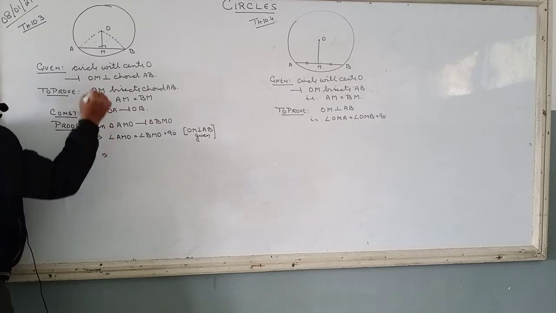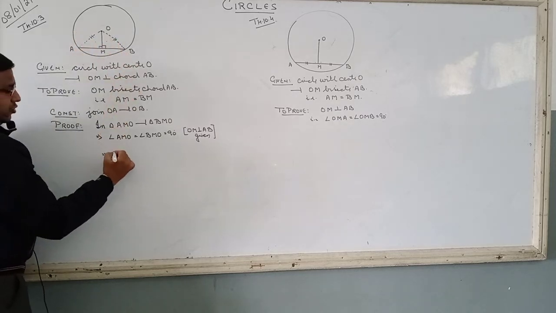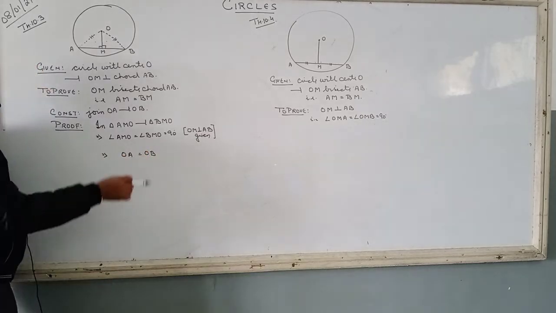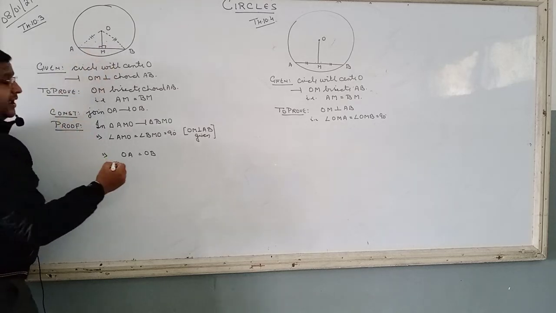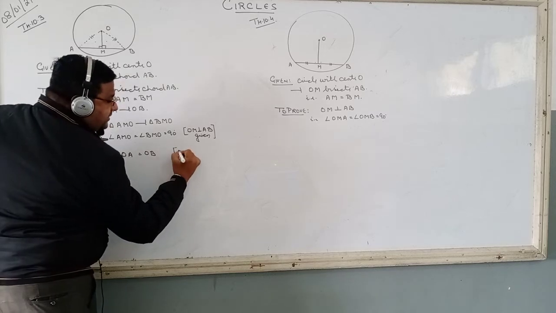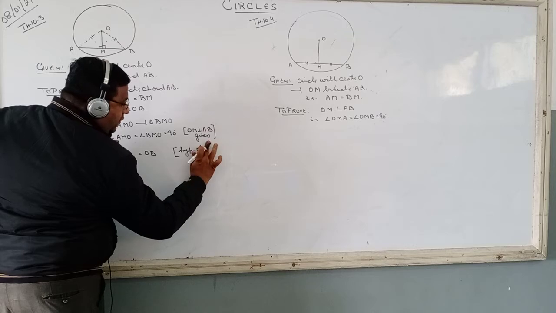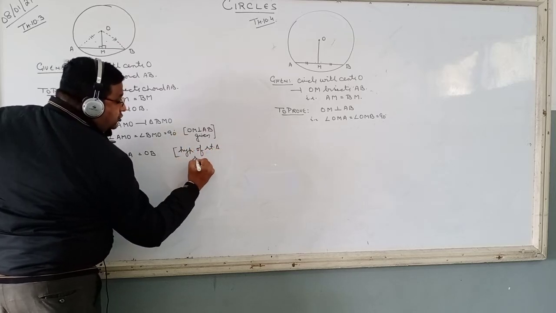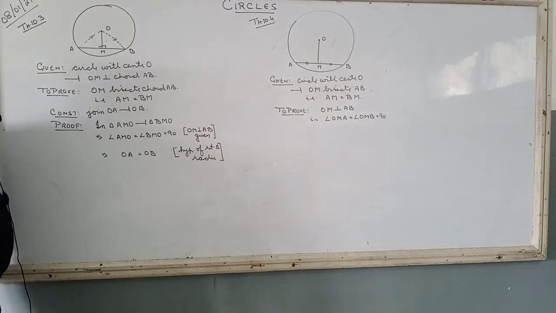Secondly, is the radius equal? OA, OB, is it radius? Yes, sir. Radius OA equals OB, and observe it carefully. It is the side opposite to 90 degrees, so it is the hypotenuse of the right triangle, and it is also the radii of the circle. So definitely it is going to be equal.